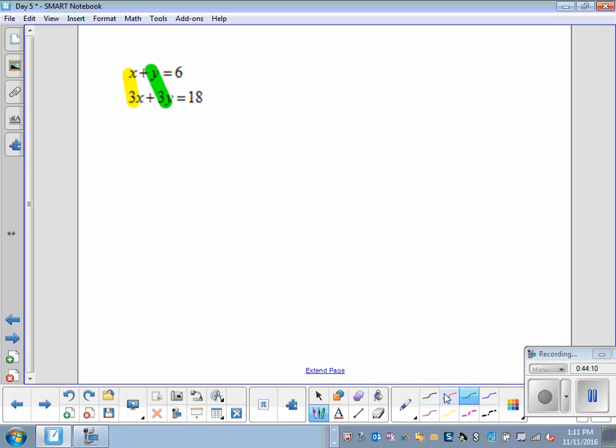The x's? Okay. So if you look, the bottom x already has a 3x, so the top one needs to become, multiply that by -3. And then let's rewrite this. So then that's -3x minus 3y equals -18. Bottom one, we didn't do anything.